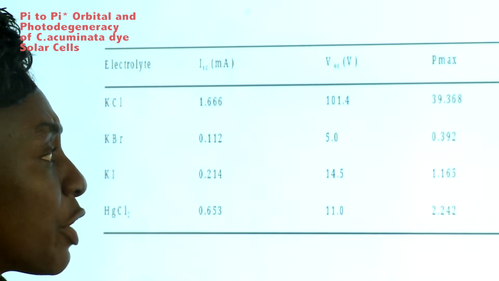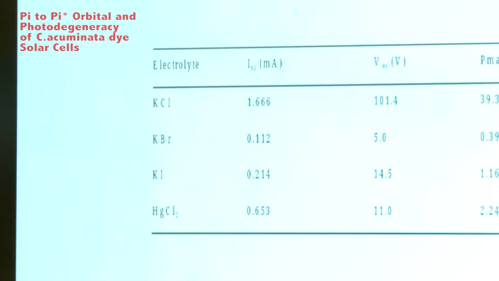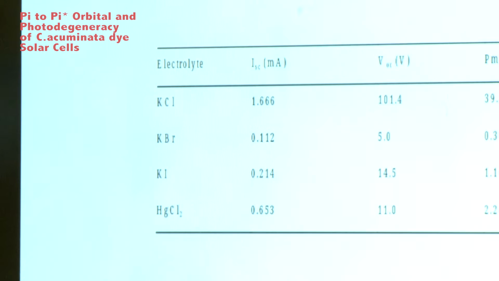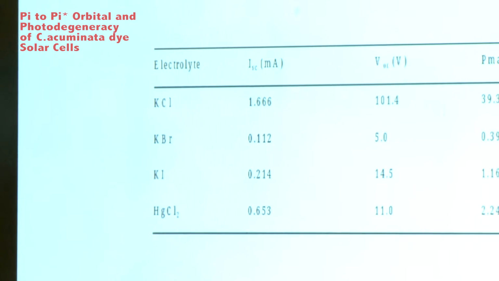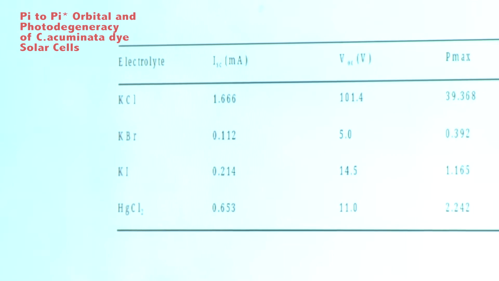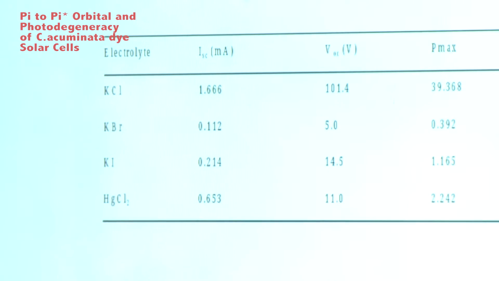The efficiency, which we're concerned about, the best was given by potassium chloride. We had 0.56%. The worst electrolyte, when we fabricated the dye solar cell, was potassium bromide.